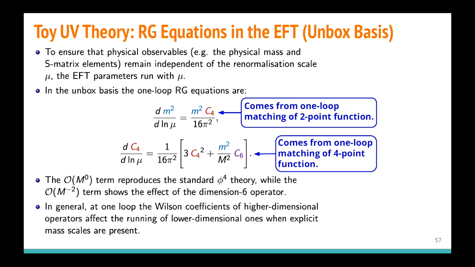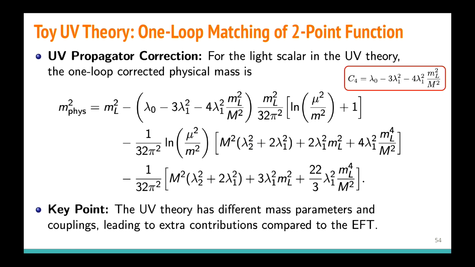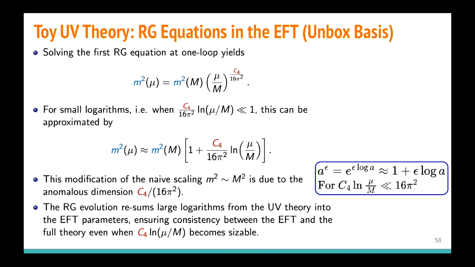There will be many diagrams similar to what I did before. I calculated the physical quantity, this m phys again, and I also calculated the corrections to the C's, the C4 and the C6. Those corrections also come from these kinds of diagrams. That's what I explicitly calculated, and that's how I'm coming to this relation here.